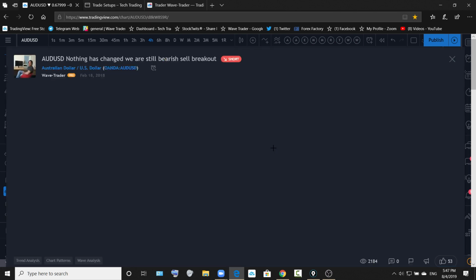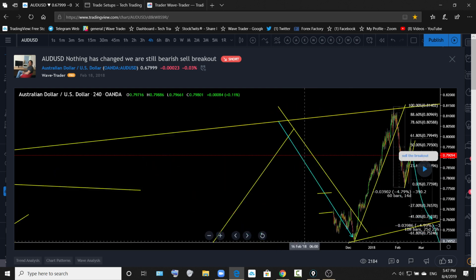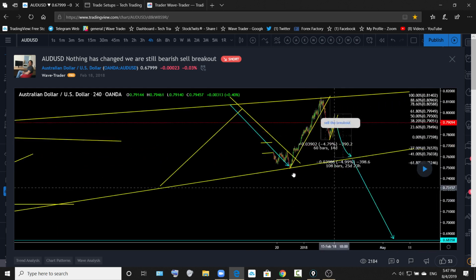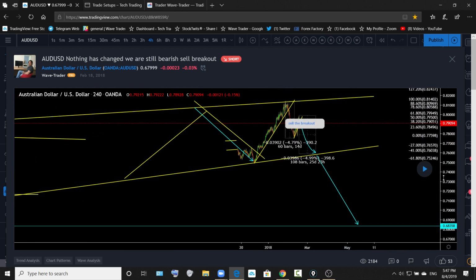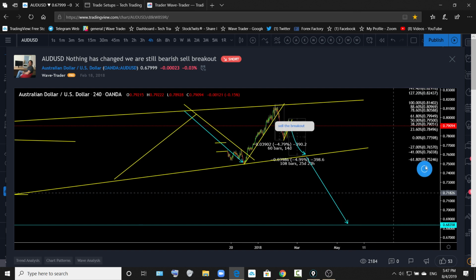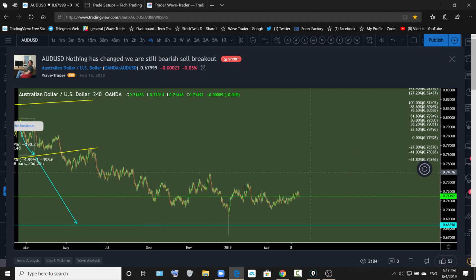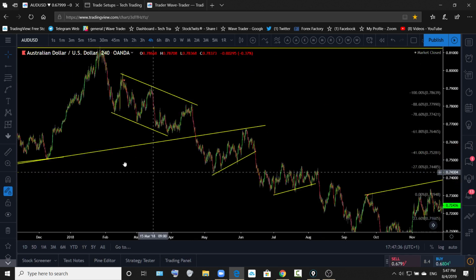Since I posted that chart on TradingView, we have been in a longer term bearish trend. You see that trend? We are within that wave since then, and it is still going in that direction. We were having many good opportunities like that on this pair.